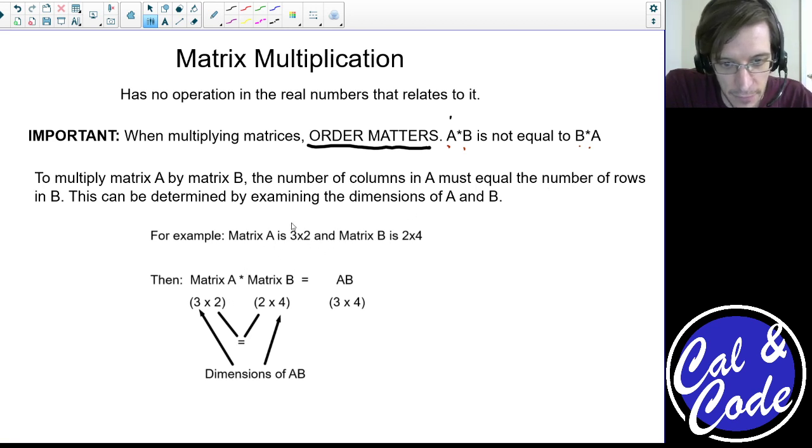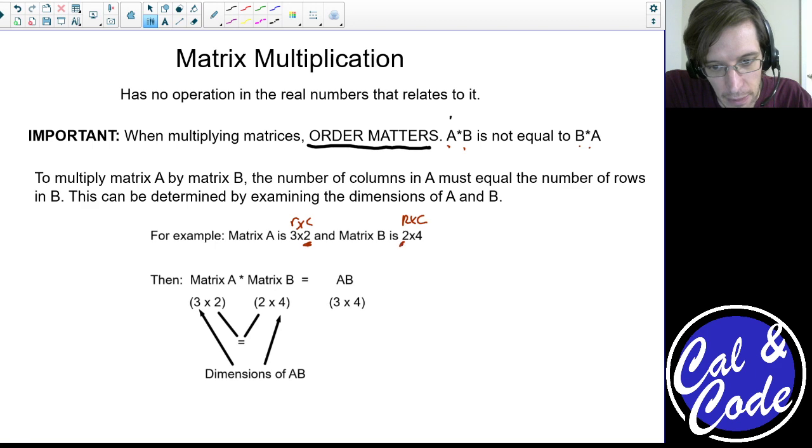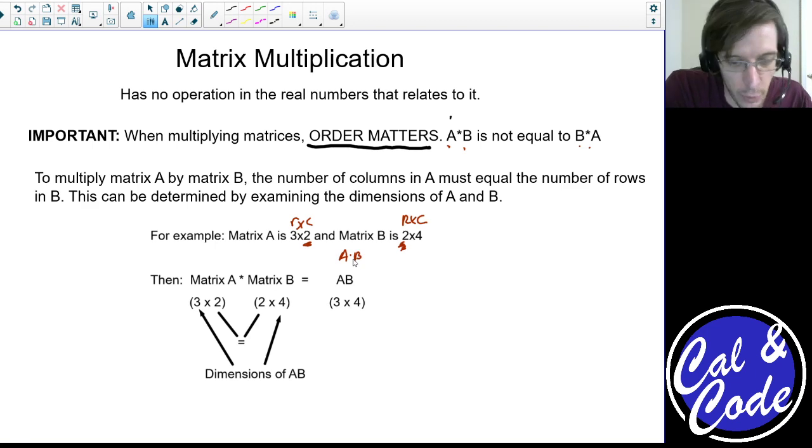So for example, if I have this row by column matrix, it's a 3 by 2 matrix, matrix A, and then matrix B, row by columns, is 2 by 4. Then what I need to look at is, do the columns in A and the rows in B match? And if they do, then I can multiply A times B in that order.